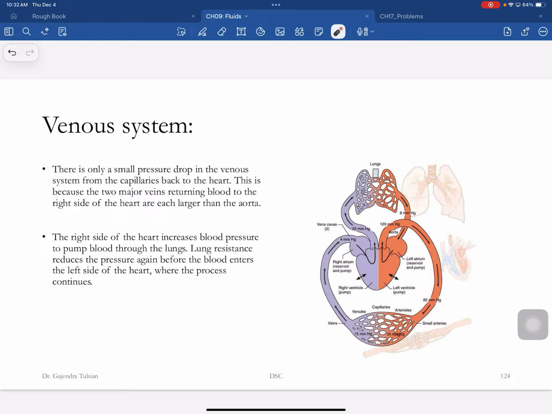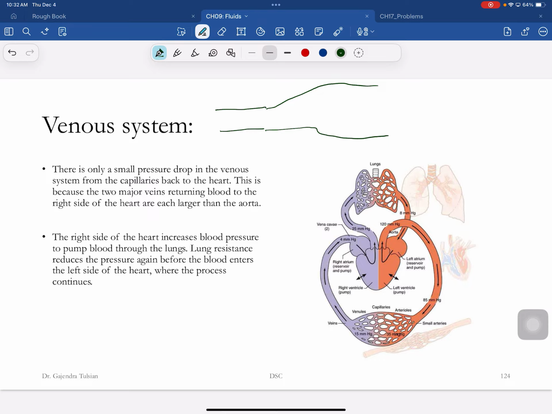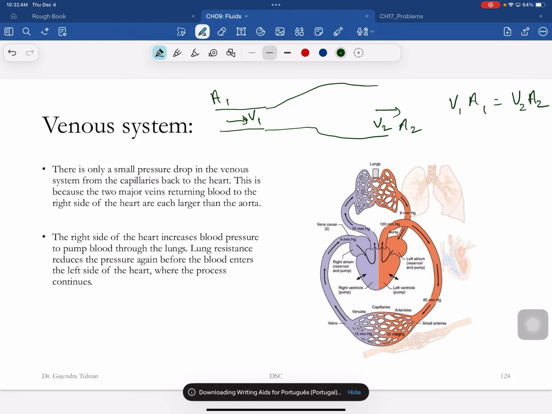Why did that happen? Because the diffusion needs to cover more surface area to be able to diffuse what's in the blood. Okay, so remember V1, area 1, V2, area 2. V1A1 equal to V2A2.